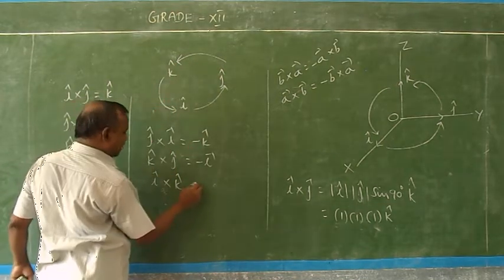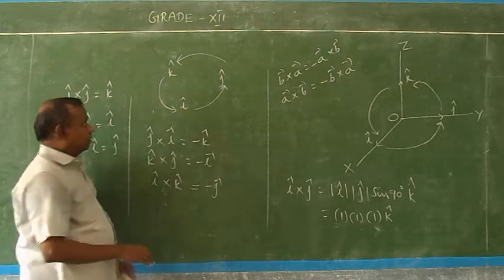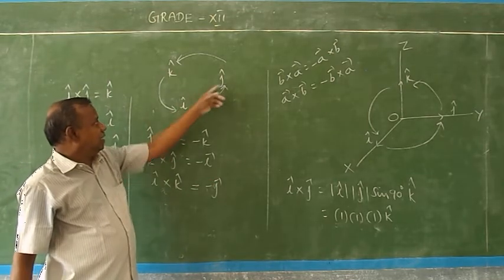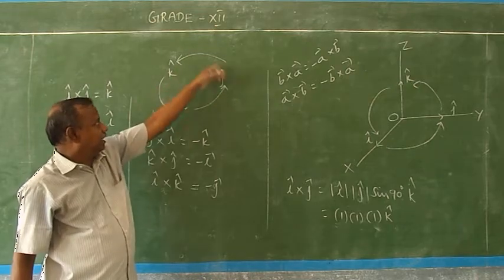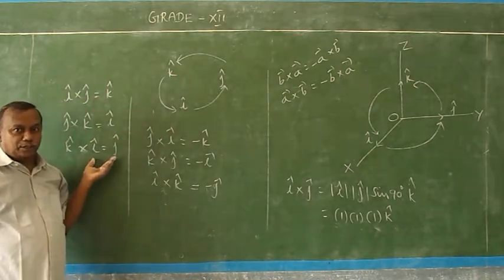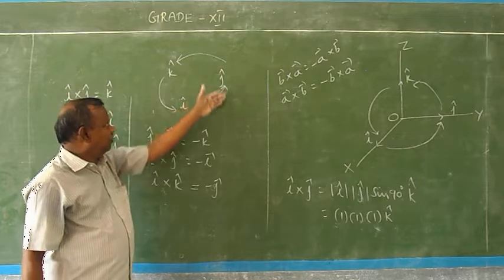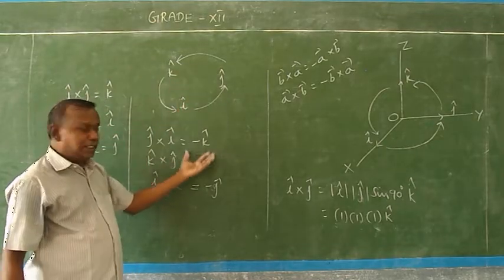So draw a circle like this and place the three unit vectors. If you rotate in the anti-clockwise direction, it gives a positive value. If you take the rotation in the clockwise direction, it will give the negative value.